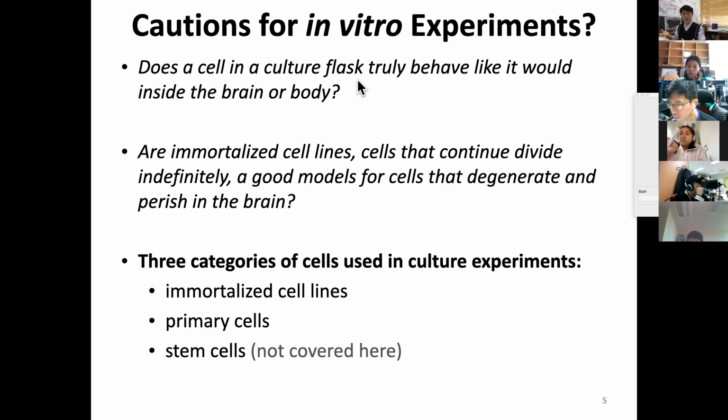You have to think about this. I would say a general answer is we do not know until we actually test it out. That's why in vitro experiments are a good starting point to generate hypotheses for in vivo experiments. Okay, because you don't know.